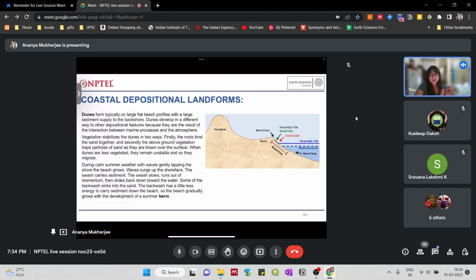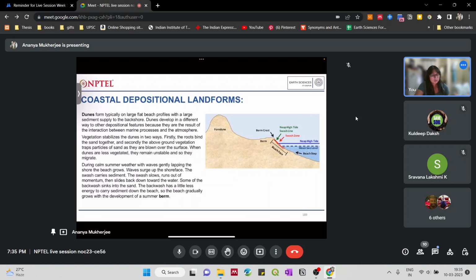Okay, so as I explained before also, berm: during calm summer weather, usually the beach grows, okay, there is more deposition if there is calmer wave action, and more and more sand will get deposited in this berm area, okay, this place, because of swash action.